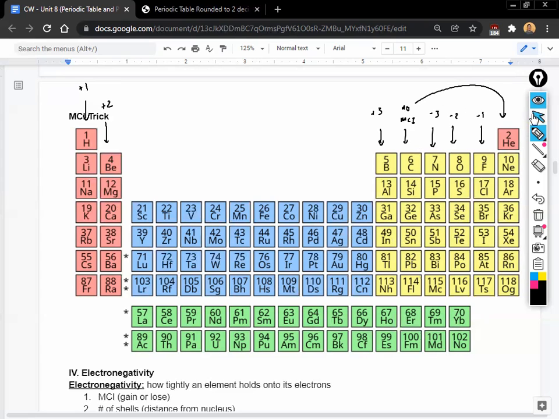All right, so I'll leave that up there for just a second. What we're going to talk about now is something called electronegativity. I know it's at the very corner; I'm just leaving it up here so some people can copy down the chart. Electronegativity is how tightly an element holds on to its electrons.